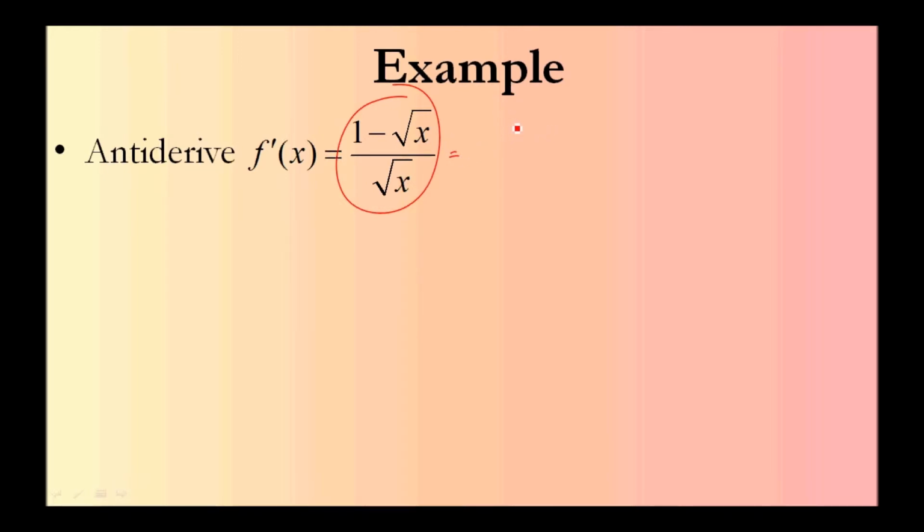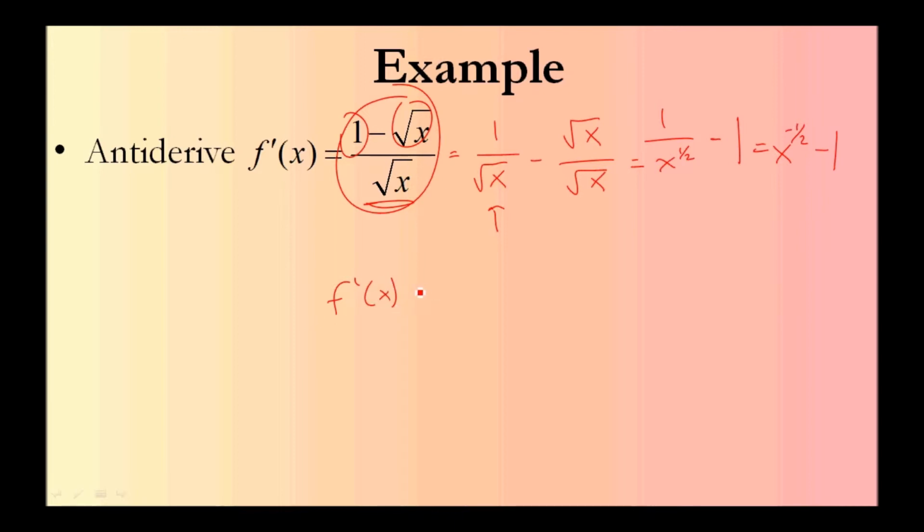So we can split up the numerator, because both aspects of the numerator share the same denominator, so 1 divided by the square root of x minus the square root of x divided by the square root of x is equal to x to the 1 divided by x to the 1/2, because the square root of x is x to the 1/2, minus 1, which is equal to x to the negative 1/2 minus 1. So f prime of x is equal to x to the negative 1/2 minus 1.